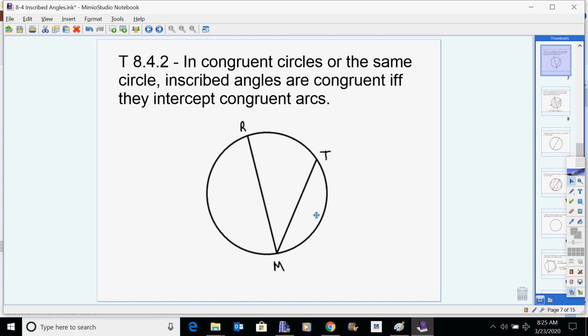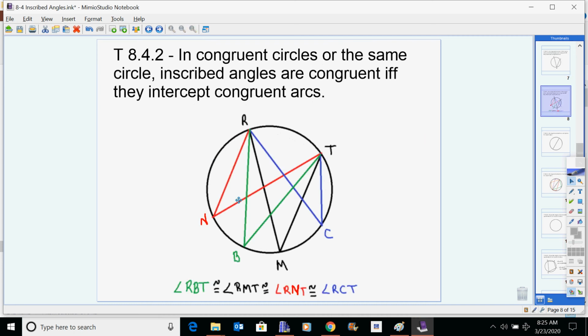You could do that all day long and get congruent angle after congruent angle. All of these angles that are drawn in here, they all intercept RT. So they're all taking half of the same number, so they all have to be the same number of degrees. They are all congruent.